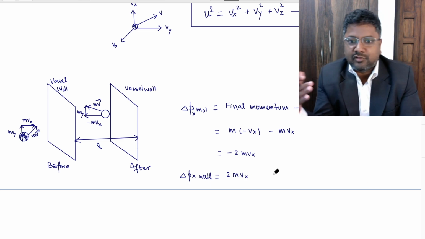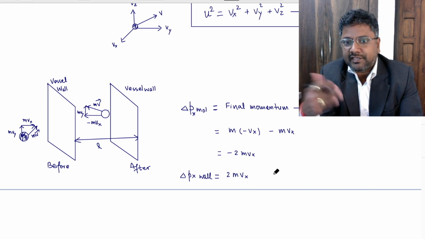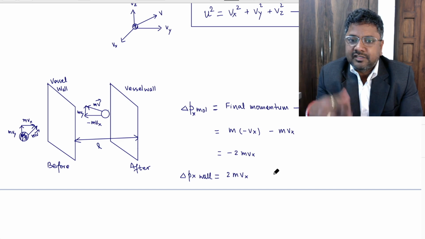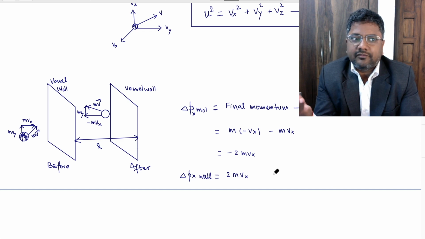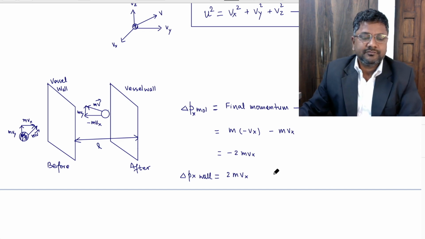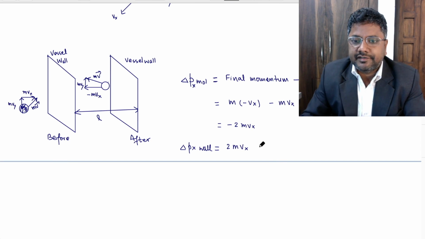If the molecule has this change in momentum of minus 2mvx, then the wall definitely gets plus 2mvx, so the total momentum will be conserved, right? So this is the equation.